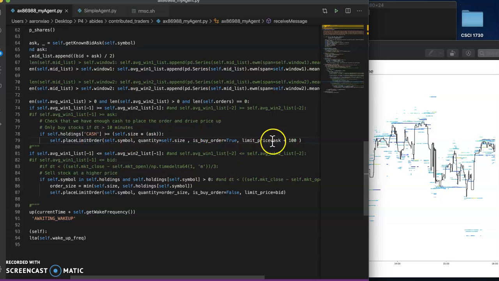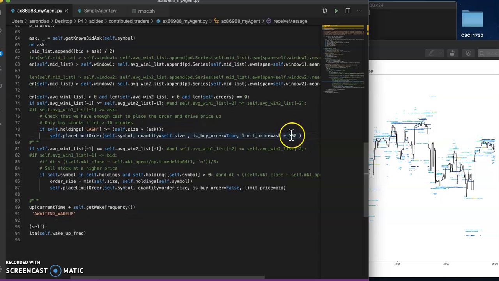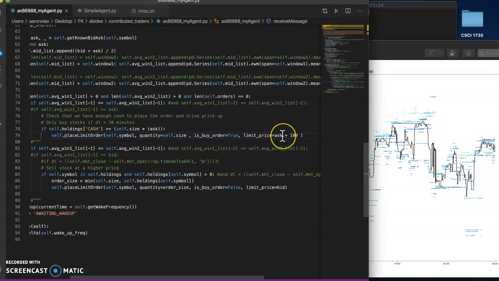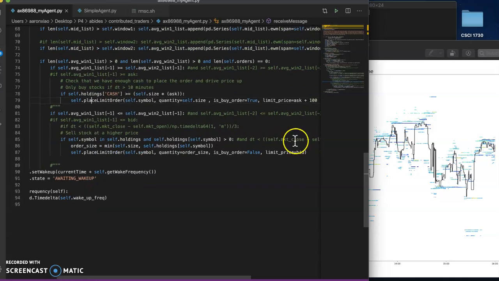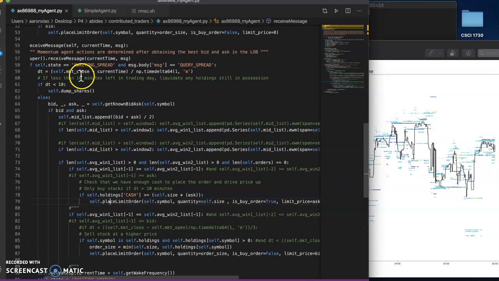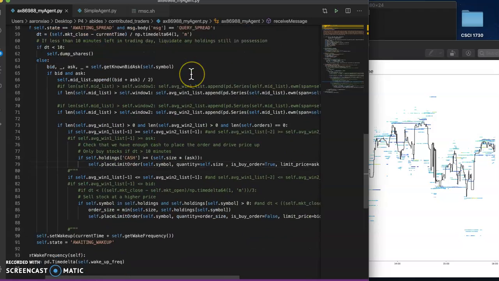So when placing an order, I would increase the asking price by 100 cents so that I could try to buy more of the stock and then make the order book price go up. And later on, once the time is less than 10 seconds, we would get our stocks liquidated and turned to cash.